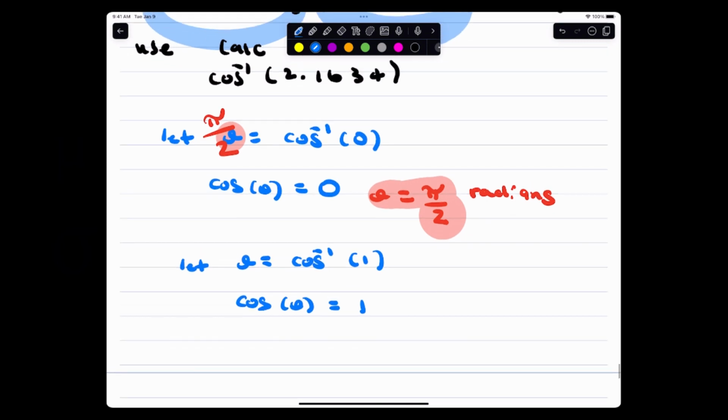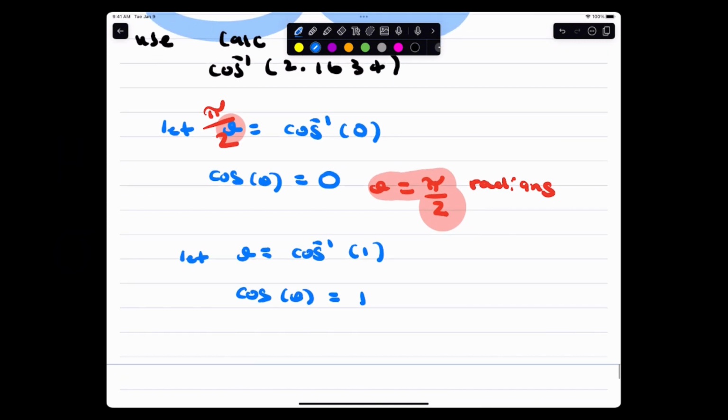And so we have to find where cosine theta is 1. That's where you have what we called the maximum value. So we're looking for cosine to be at a maximum value.